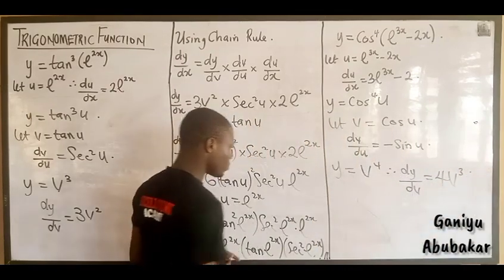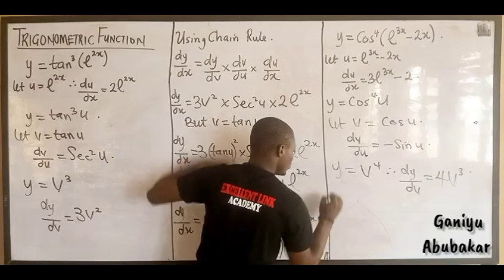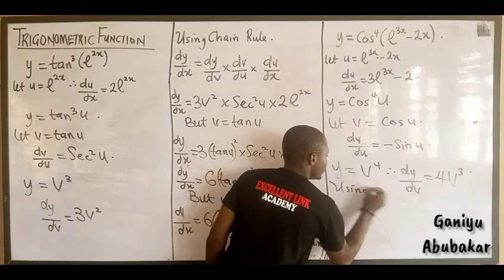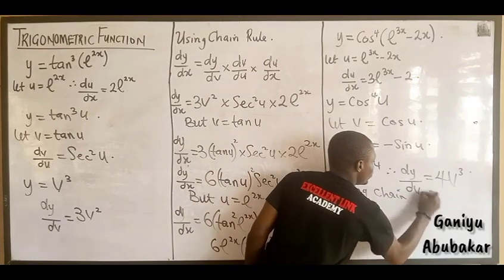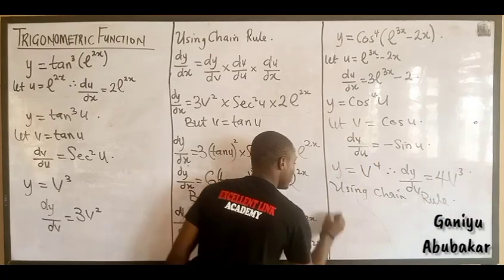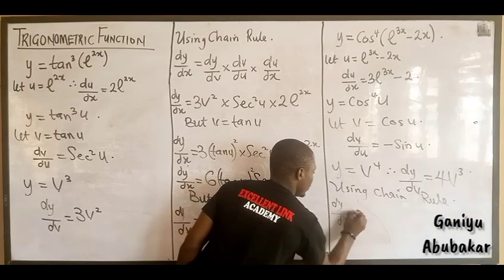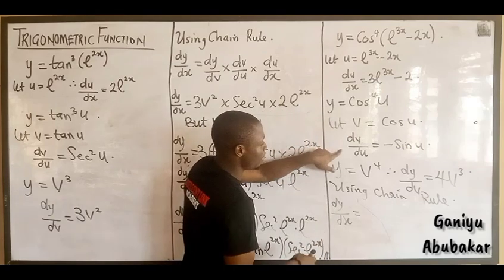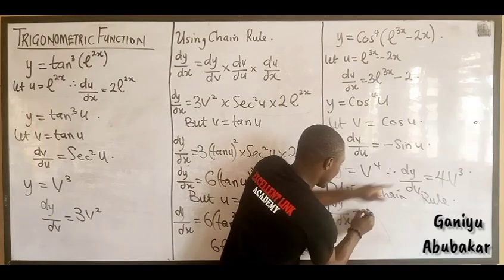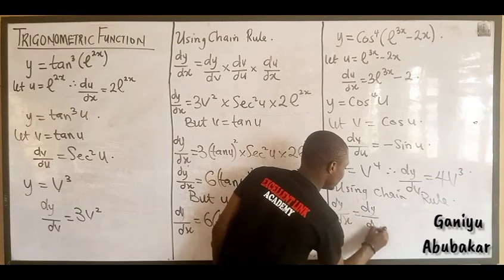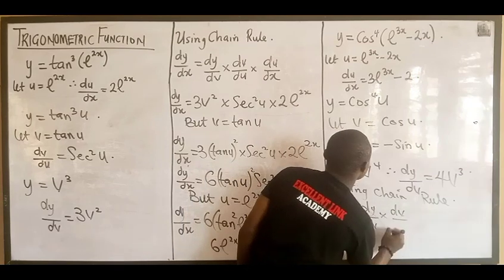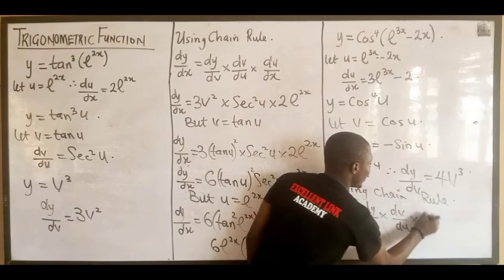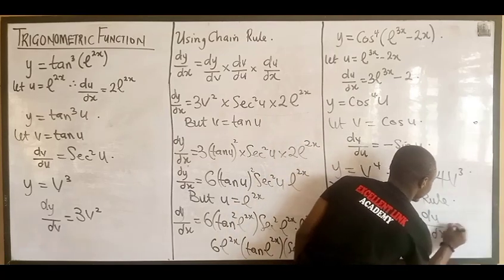At this point, using the chain rule, I have that dy/dx is equal in value to, what do we say first? Pick out this one first, that becomes dy/dv multiplied by dv/du multiplied by du/dx.